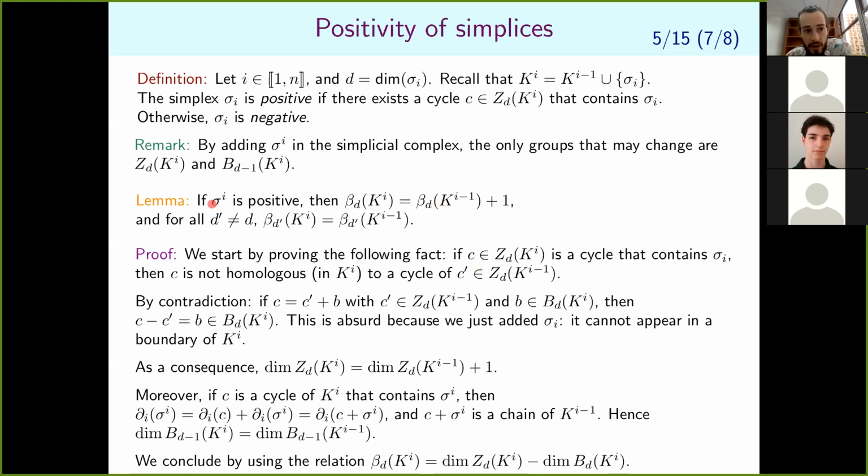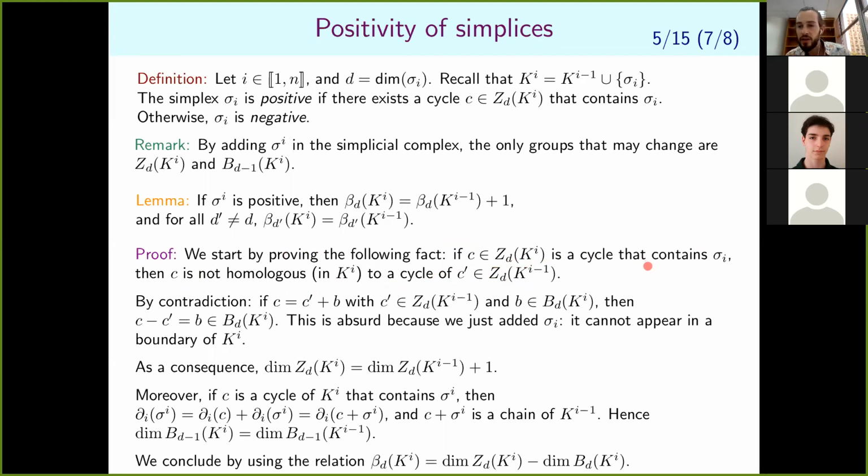Say that my simplex sigma I is positive. I can find a cycle that contains it by definition. And I will prove that this chain C is not homologous to a cycle in K i minus 1.